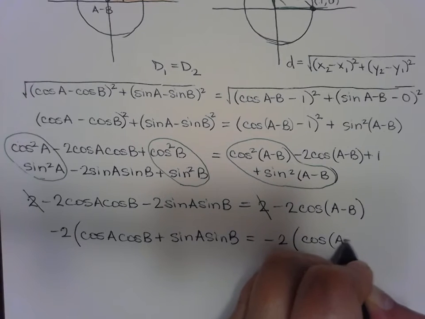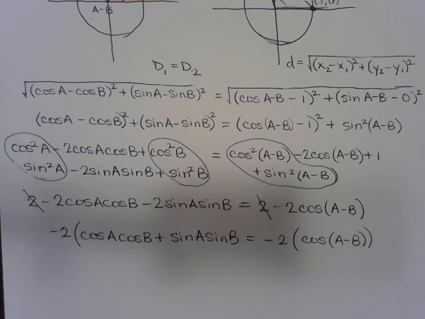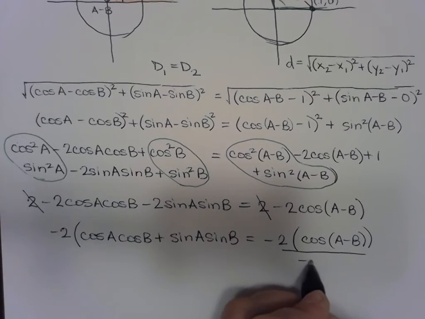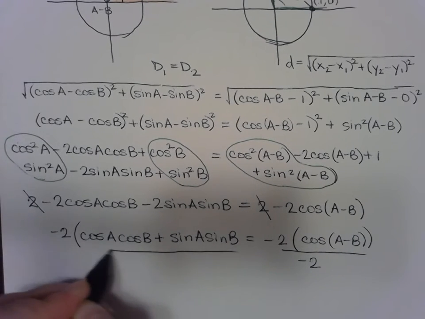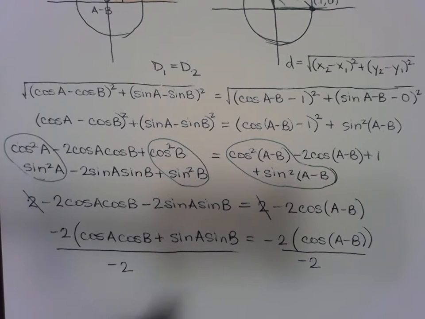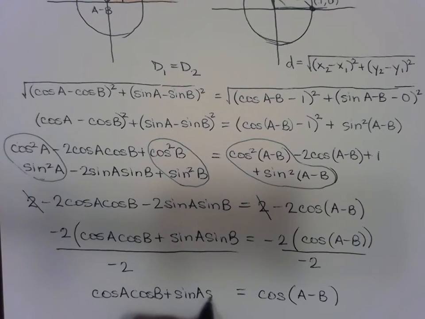Cosine of A minus B. Now I can divide by negative 2 on both sides. All right, and I've done it, right? I've proven the identity. Cosine of A minus B is equal to cosine of A, cosine of B, plus sine of A times sine of B.